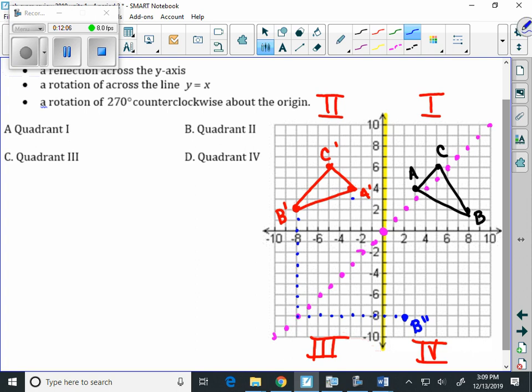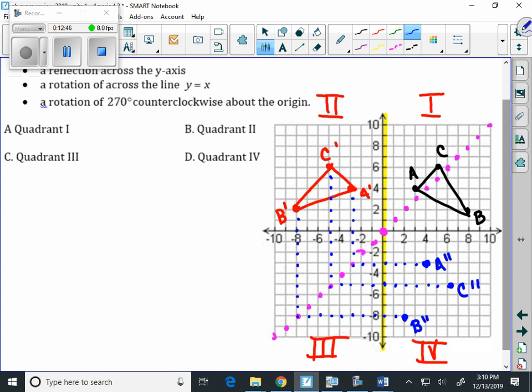We can do the same thing with A. 1, 2, 3, 4, 5, 6, 7. Here's our new A. And C. 1, 2, 3, 4, 5, 6, 7, 8, 9, 10, 11.